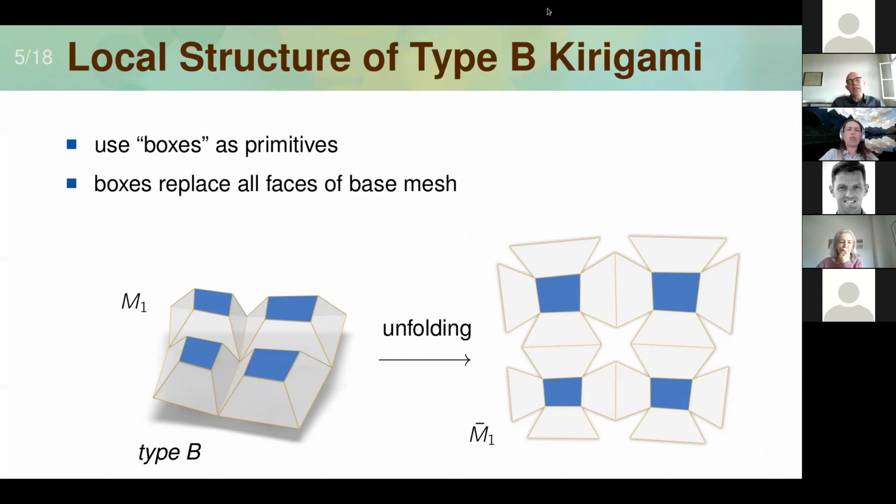So what you can see here is a quad mesh that is very small, only 2 by 2 faces, and each face is replaced by such a box. All of the faces are required to be flat, to be planar. Only the original face of the base mesh that is replaced by the box. There is no condition on that. It does not have to be planar.